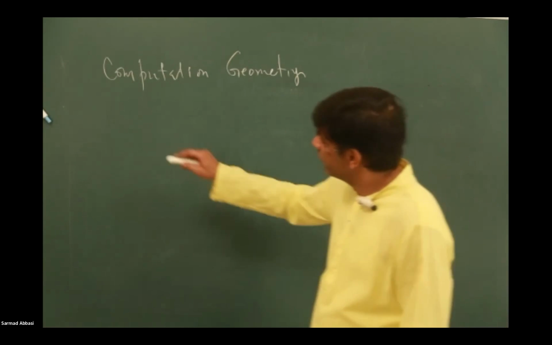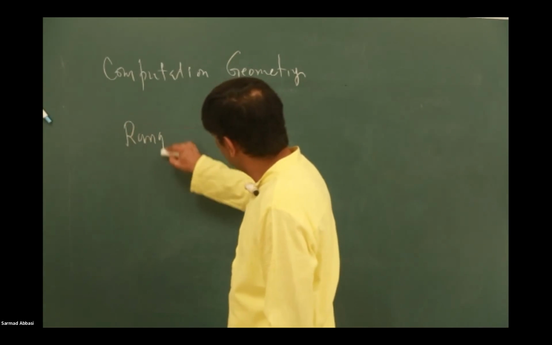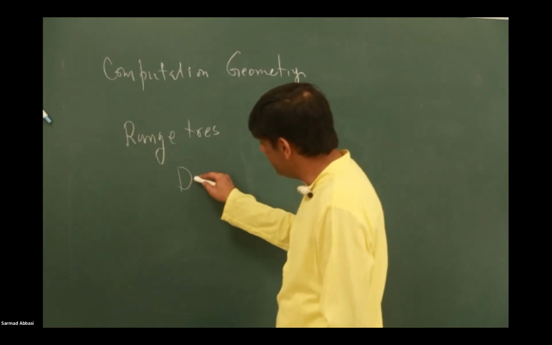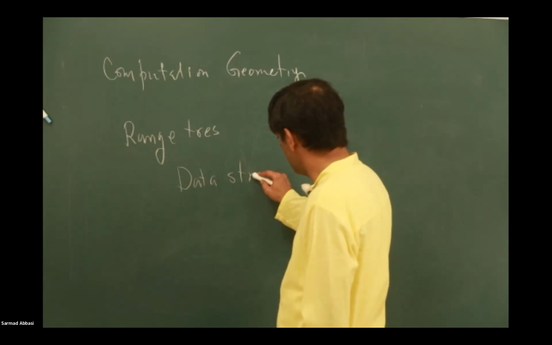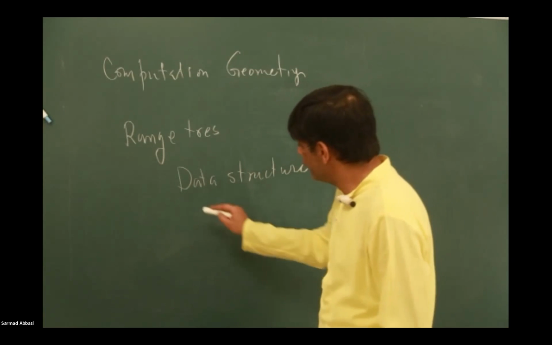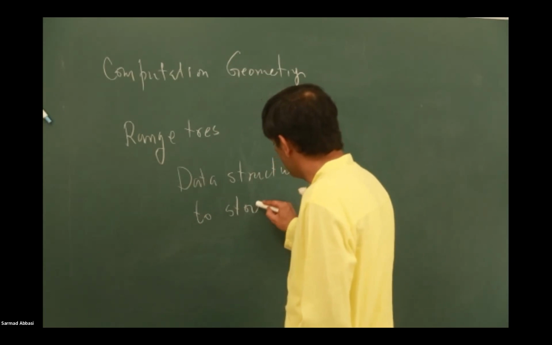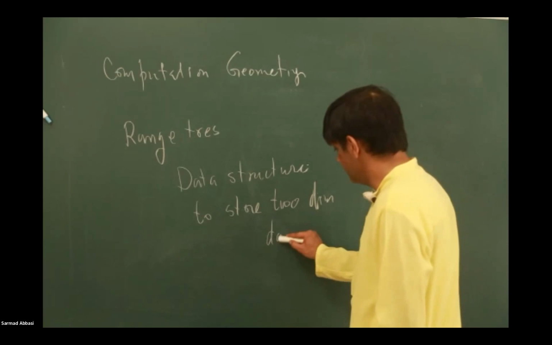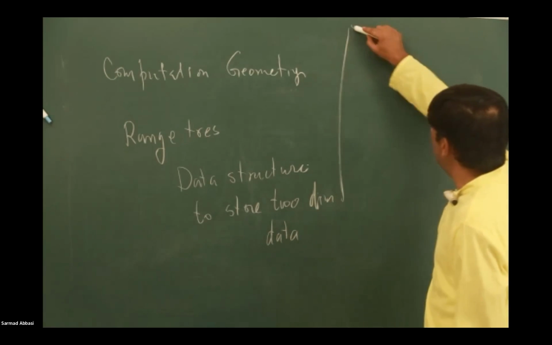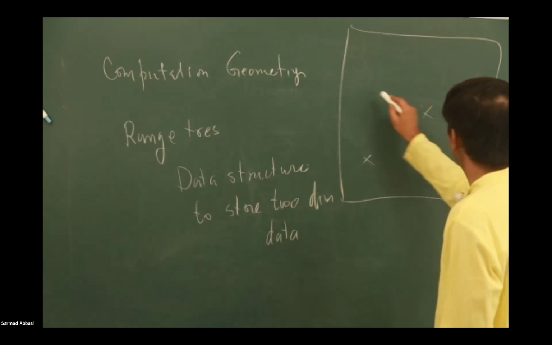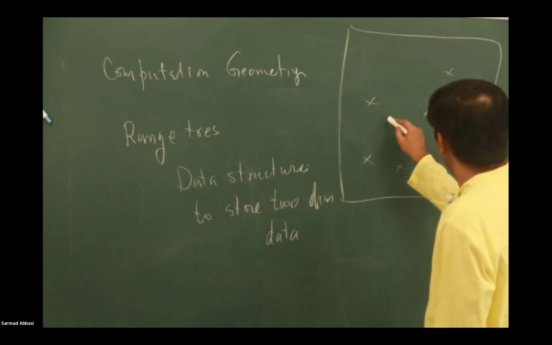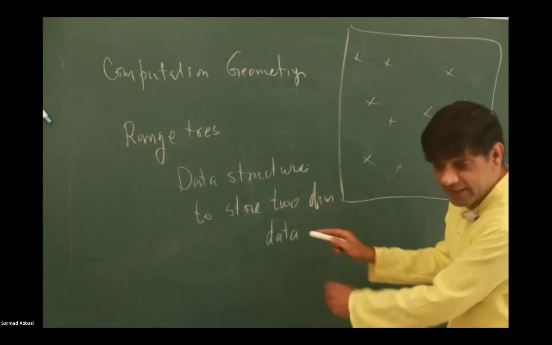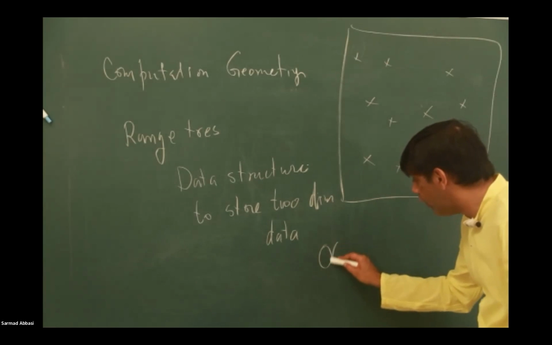And I found this thing which is called range trees. Range trees is a data structure to store two-dimensional data. So if you have particles, data points like this, then you can store them in this data structure, and the storage time is order n log n.